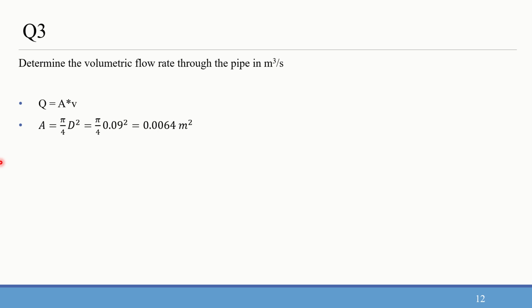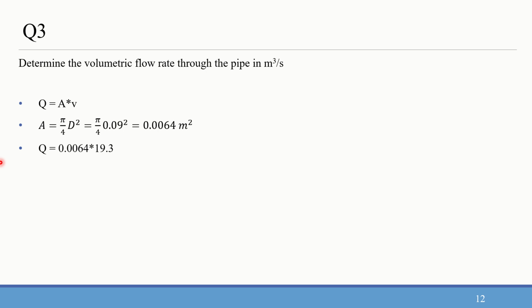So the cross-sectional area is 0.0064 meter square. Now after calculating the area, what do we need to calculate? We need to calculate the volumetric flow rate directly, because V is already known. It is given in the question as 19.3 meter per second.